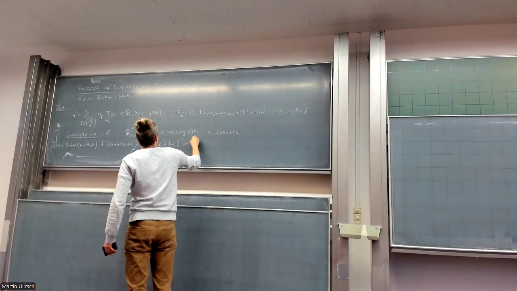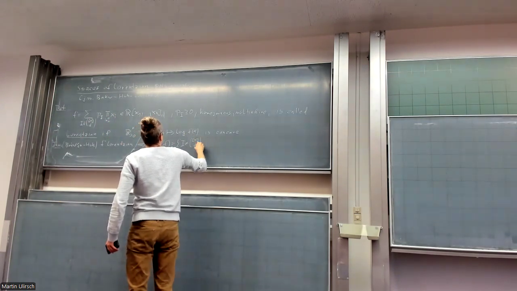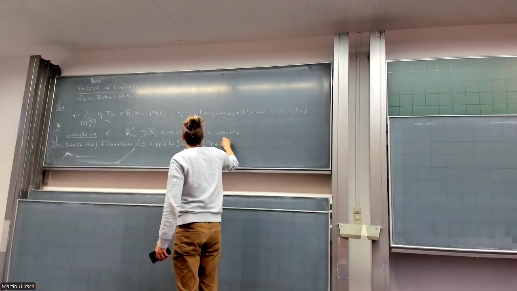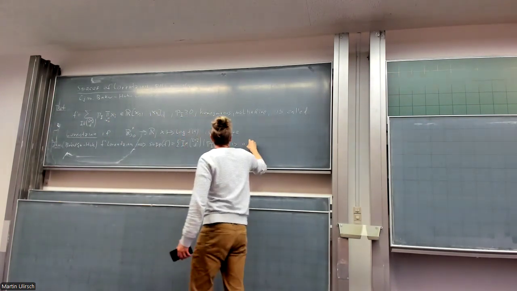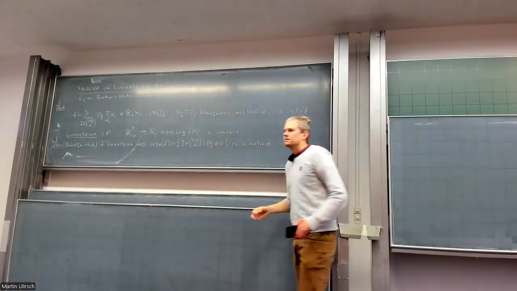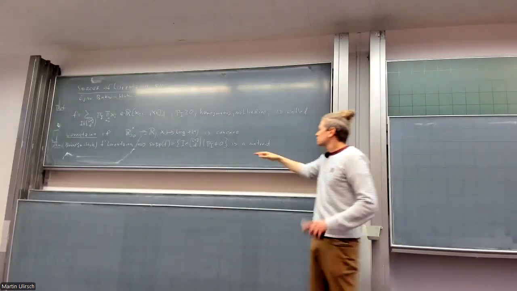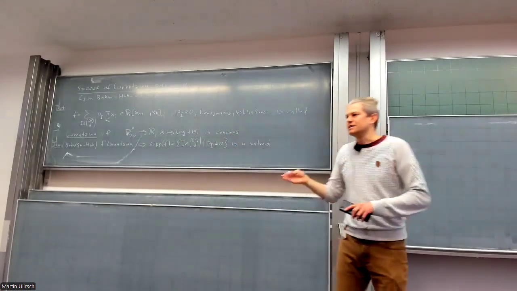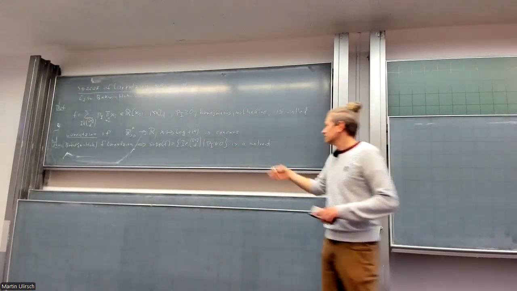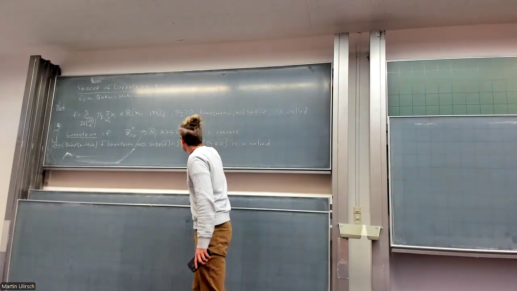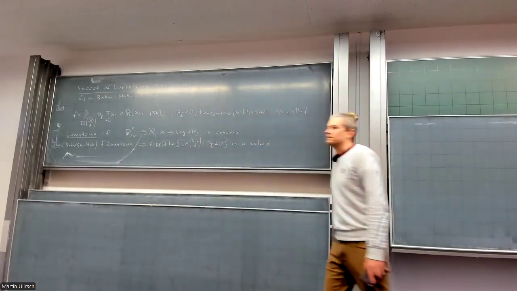So in this talk, when I say matroid, I usually mean the set of bases of a matroid. So I identify the combinatorial object matroid with this set system of bases.